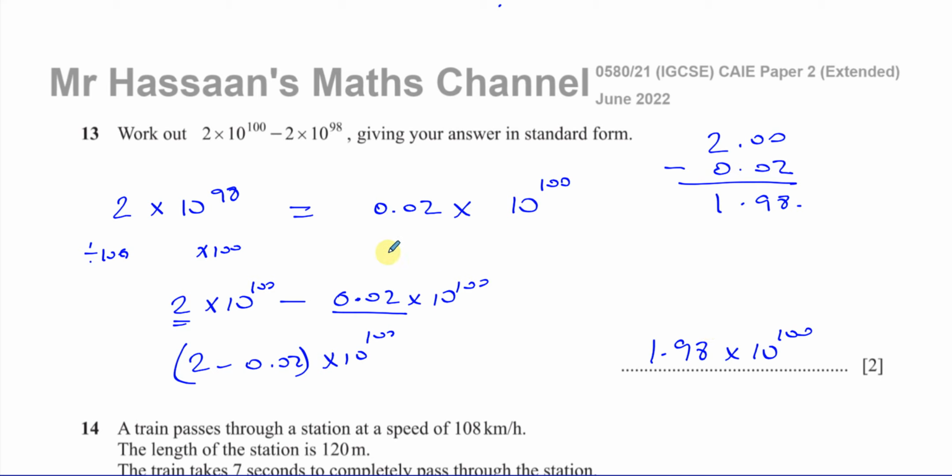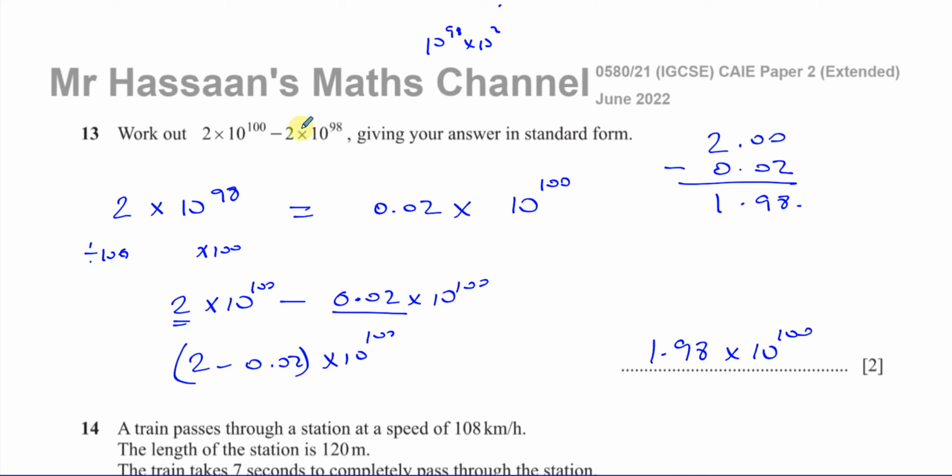So what we did here is, when you're adding or subtracting numbers in standard form and you see that they're not expressed with the same power of 10, you have to make those powers of 10 the same. Okay, and it's always going to be easier for you to make the lower power into the bigger one. So this becomes 10 to the power of 100, which means I had to multiply it by 100, because 10 to the power of 98 times 10 to the power of 2 gives me 10 to the power of 100.